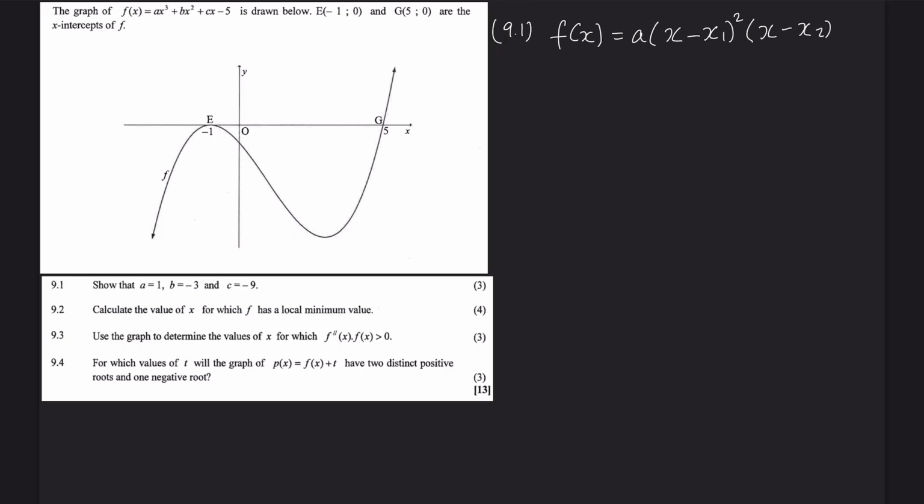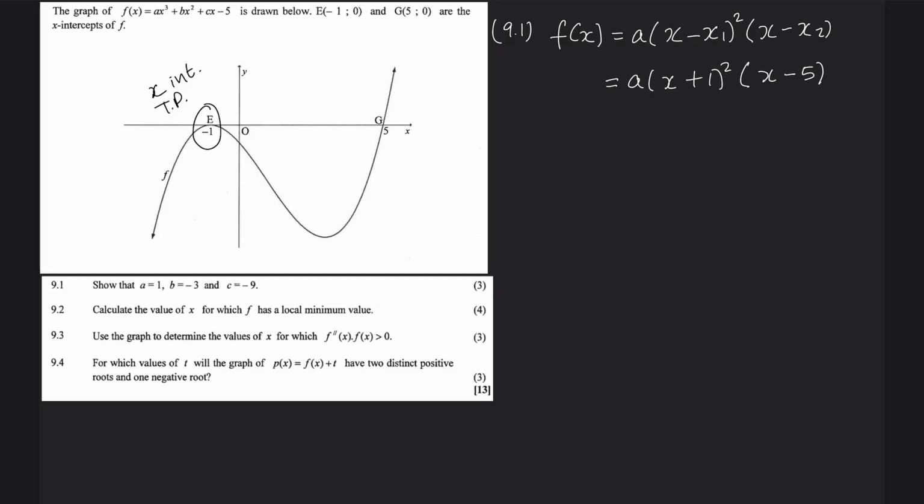We can use this form because E is an x-intercept and it is a turning point. Okay. Next, we can substitute. So f of x is equal to a into x minus negative 1, which is plus 1, so x plus 1 all squared, and then x minus 5.